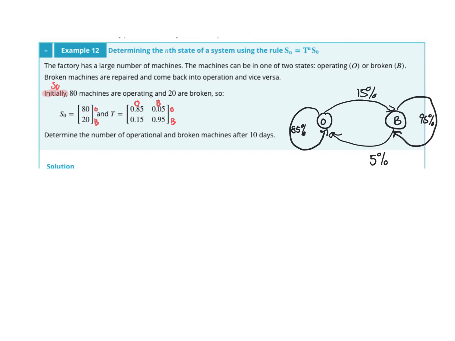It says here, determine the number of broken machines after 10 days. So what I'm going to use is the power trick method, where Sn is the transition to the power n times S0. In this example, I want after 10 days, so I want state 10.